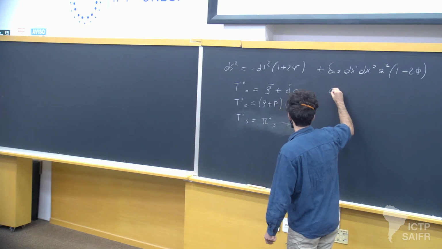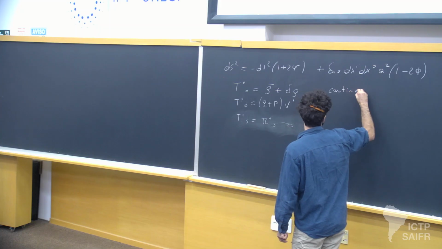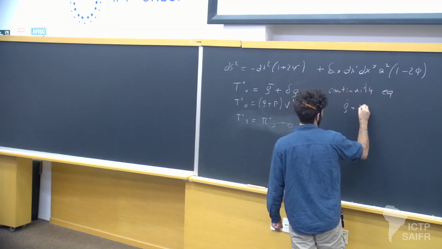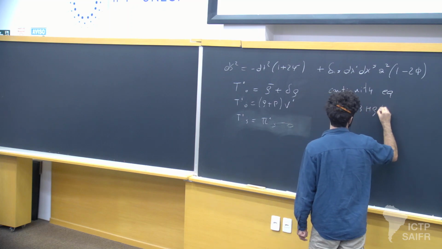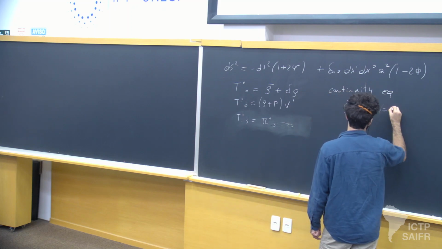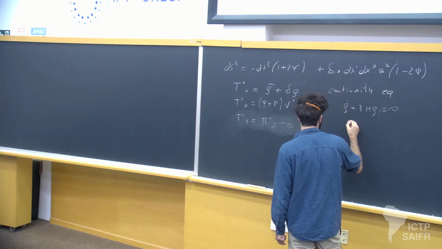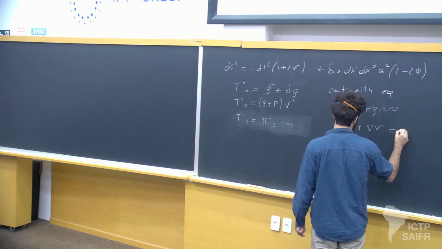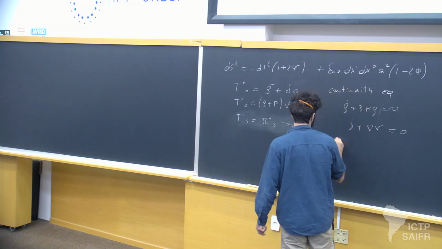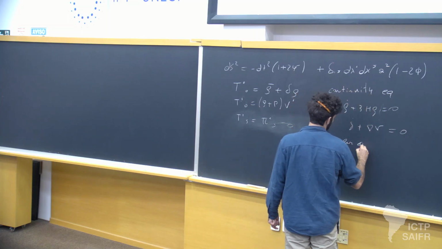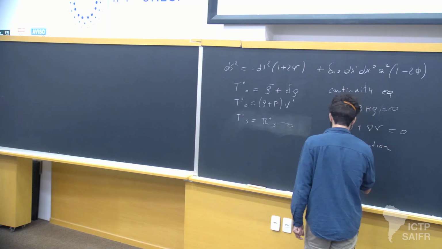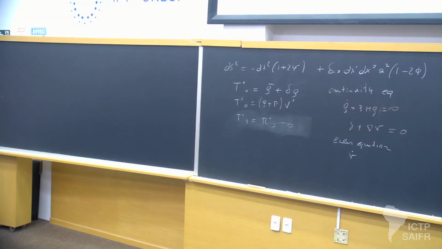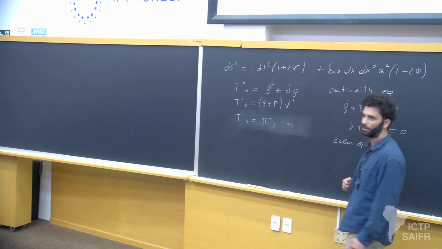One is the continuity equation, which is just rho dot plus 3 H rho equals 0 for dust, which becomes delta dot plus gradient of V equals 0, and then the Euler equation, which contains information about V dot, but since I'm not remembering exactly the equation, I will avoid writing it down.